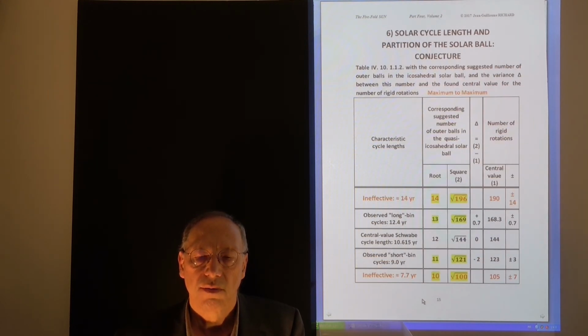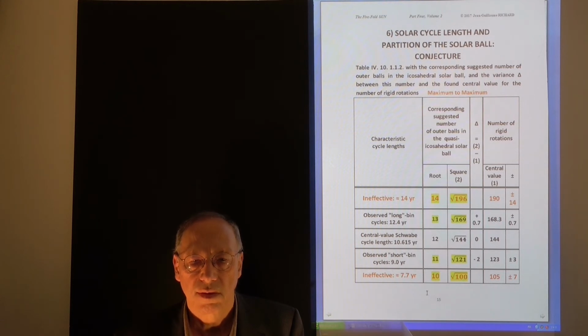So if we now translate this number of rotations into a square and find its root, again, as in the case of the long bin with 169 rotations and the short bin with 121 rotations for actually observed minimum to minimum cycles.